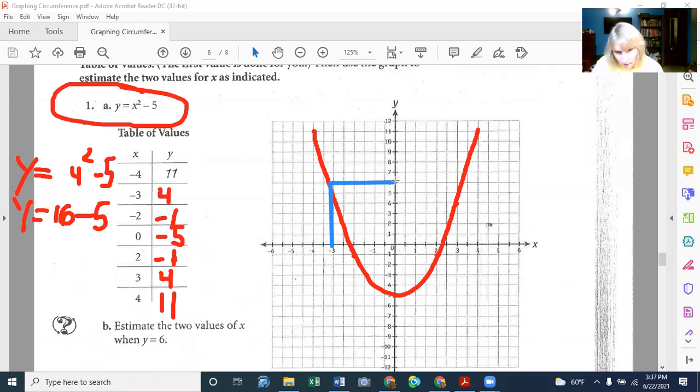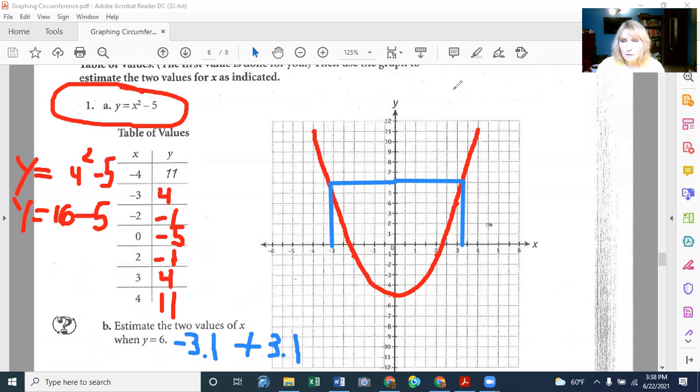And let's go the other side, go all the way to where we hit the line, and we come down, approximately hitting 3, a little bit past 3 on both of them, if I had been exactly accurate. So estimate what the two values of x are. I would have to estimate it's a little bit past the 3, so I'm going to say negative 3.1 and positive 3.1, based on the graph that I've drawn.